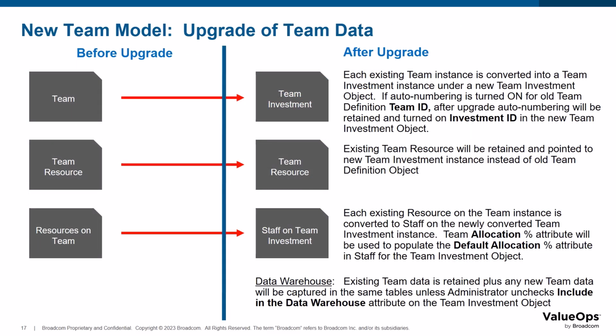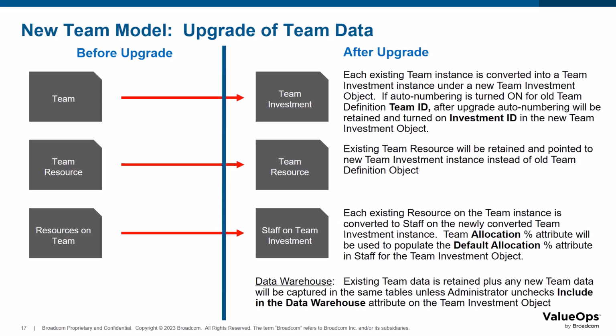Now that we understand the new team model, let's dig a little deeper and explore what happens to the team data during upgrade. If customers have any existing teams prior to upgrade, those will be converted into the new team investment object that we're creating after upgrade, and it'll be an instance-to-instance conversion.